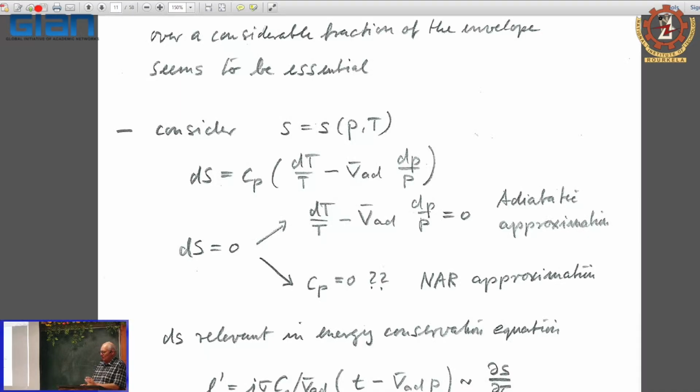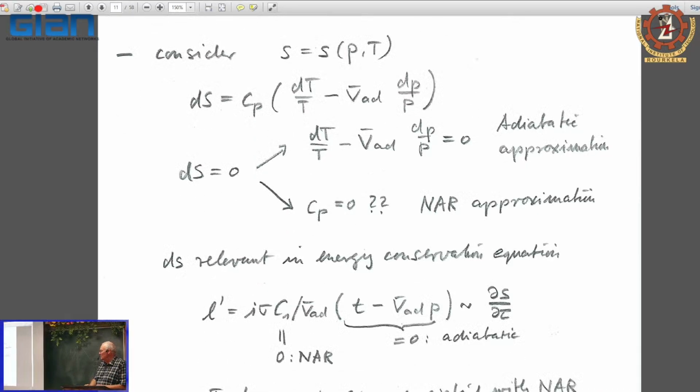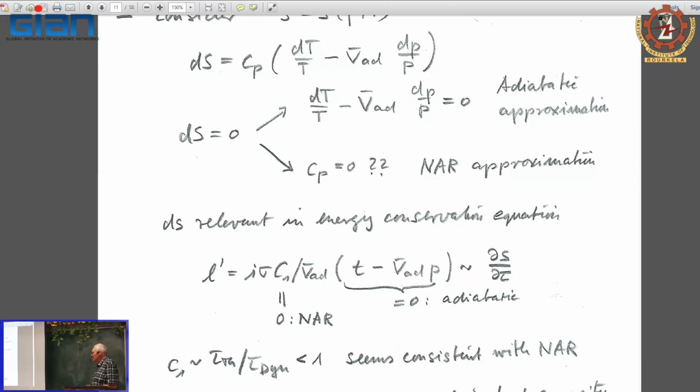Well, the question is, where is this ds relevant in our perturbation equations? And obviously this ds, or ds by dt, the change of entropy with respect to time, appears in the energy conservation equation.